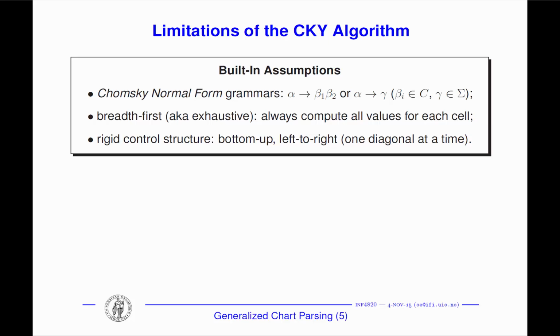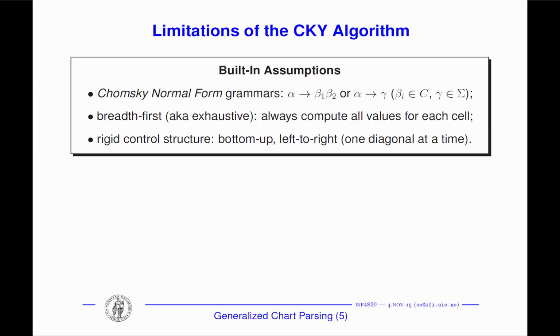So binary, exactly two elements on the right-hand side. Or alpha rewrites as gamma, where this was the initialization step for the lexical rules. But once we have that, for all remaining computation, we're looking for exactly two non-terminals, beta 1, beta 2.